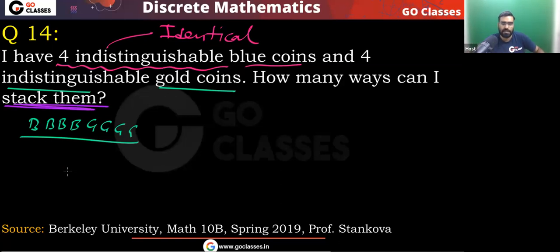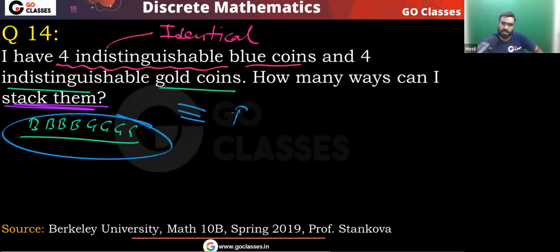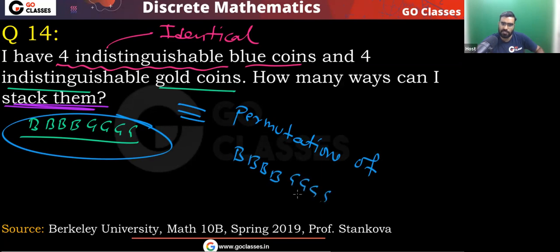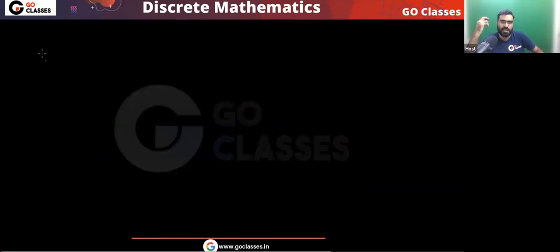Tell me. This is simple: how many permutations can you create? This question is simply asking for the permutations of BB, BB, GG, GG, and that you can very easily find.